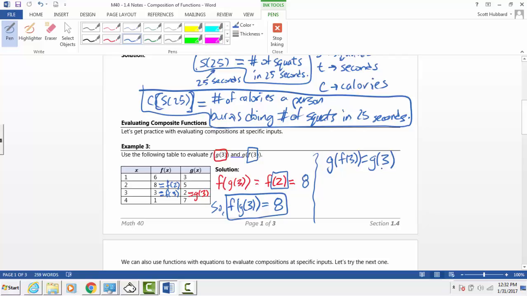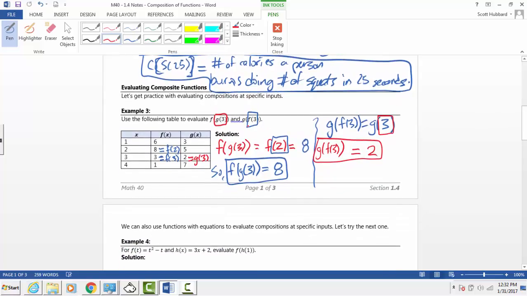Now that I know I'm looking at g of 3, I go find it as an input, which is right here. And I find out what g of 3 is. Well, I already knew what g of 3 was. We did it earlier, and it's 2. So g of f of 3 is equal to 2.